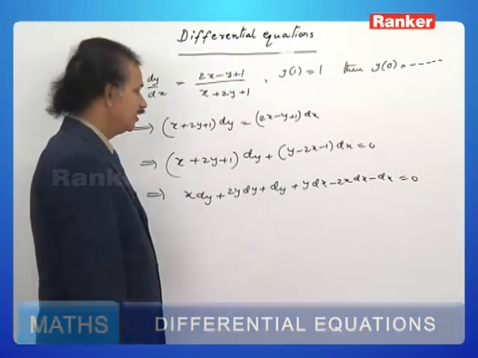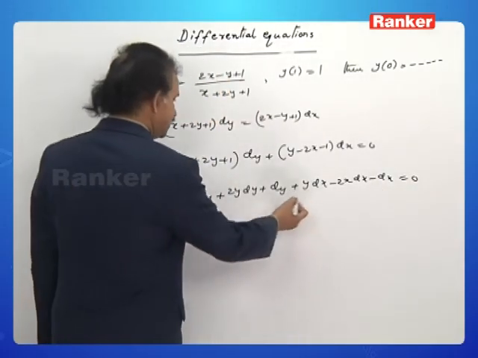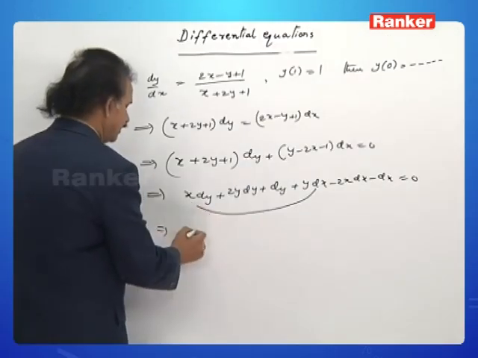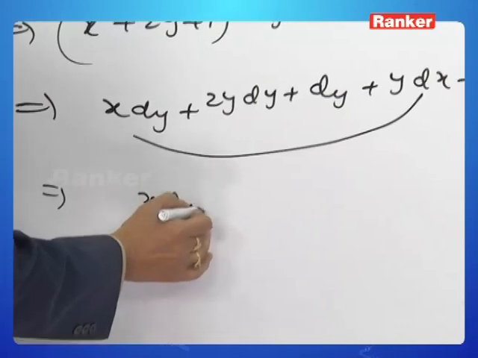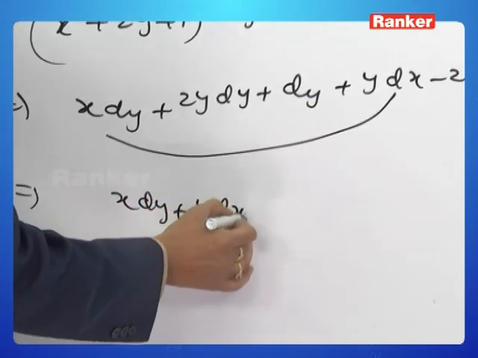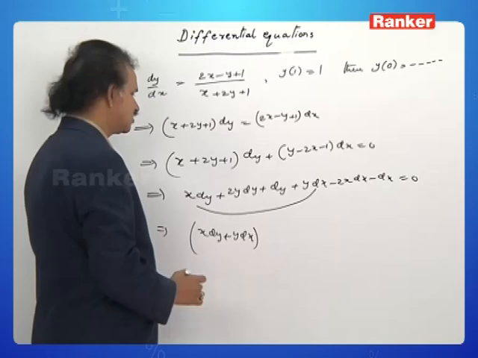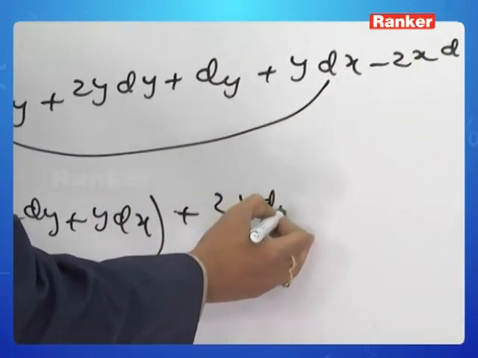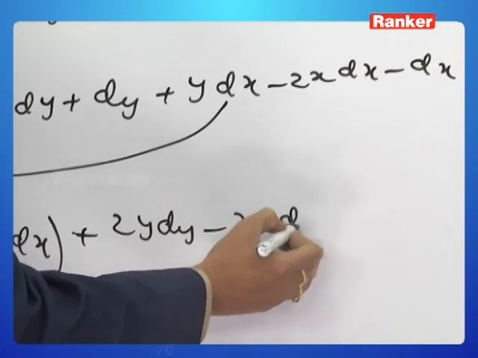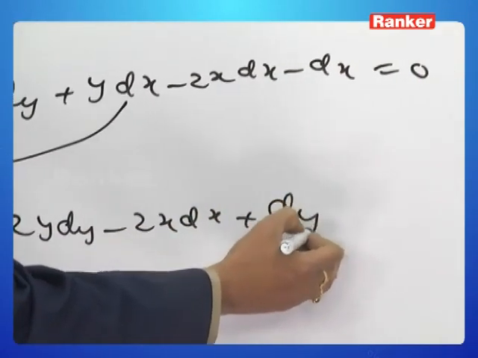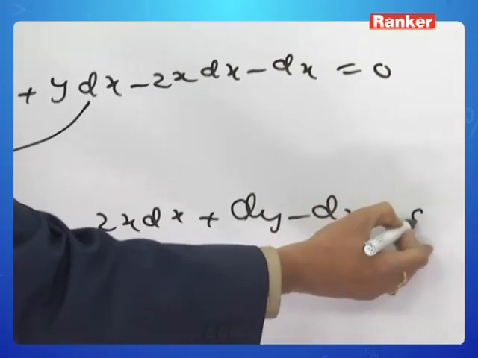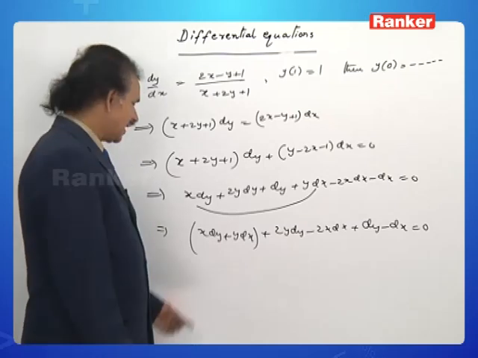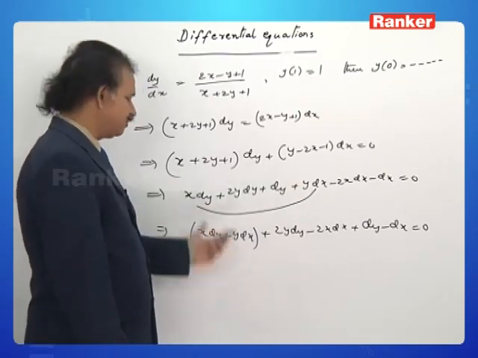Correct? Now you club these two, x dy plus y dx, annexed 2y dy minus 2x dx plus dy minus dx is equal to 0. What is the benefit of clubbing these two and putting them in a bracket?